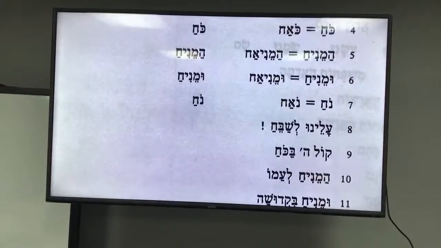Line 7, Noach. Line 8, Aleinu leshabeach.